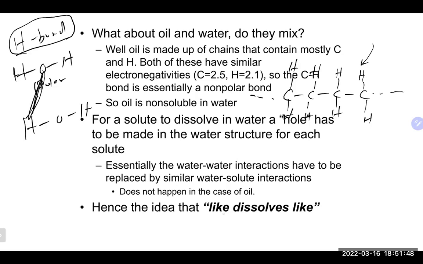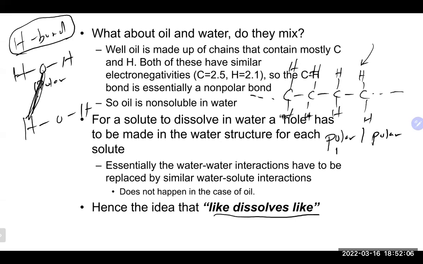So if you take something polar and put it together with something polar, you're in good shape. They're both able to use the same type of interactions with each other that they use with themselves, so they'll mix.